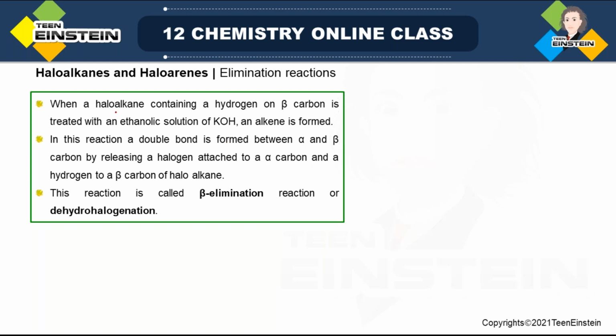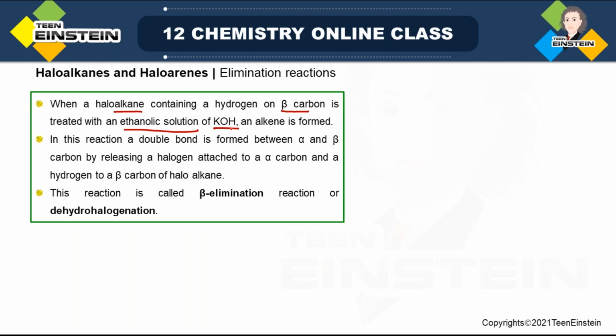So we take a haloalkane containing a hydrogen on the beta carbon and treat it with an ethanolic solution of KOH. Here the term ethanolic solution is important, because if you use an aqueous solution of KOH, there may be a chance of substitution reaction, because in aqueous solution KOH will remain in a highly ionized state, that is HO minus.